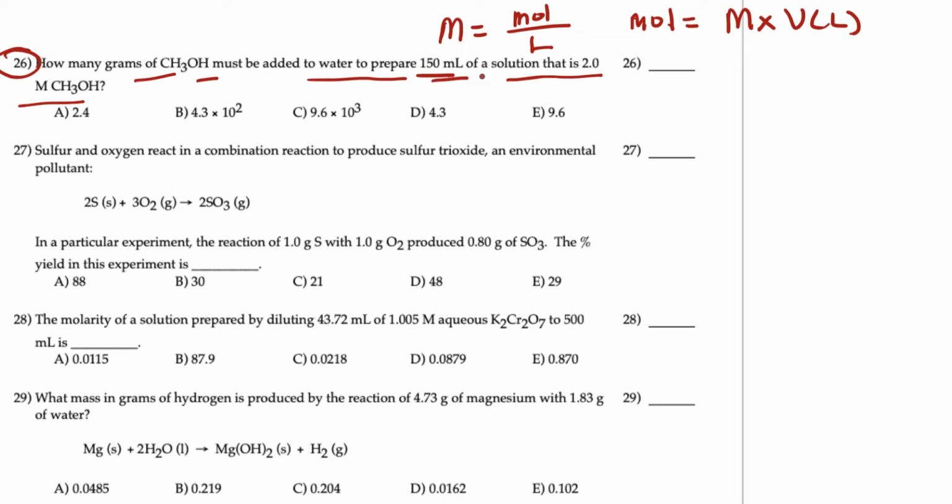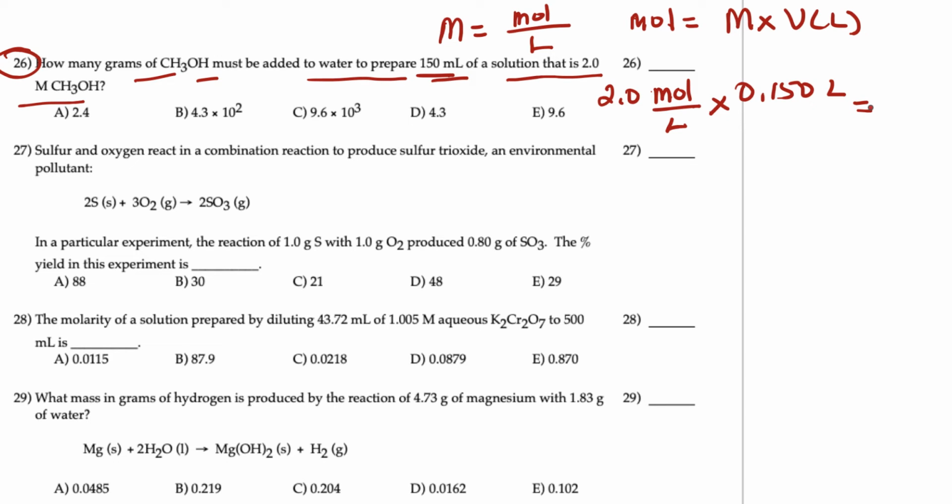So we have 150 milliliters of solution. So we go ahead and convert that to liters, and we have a 2 molar solution. So that'd be 2 molar, which is moles per liter, times 0.150 liters.